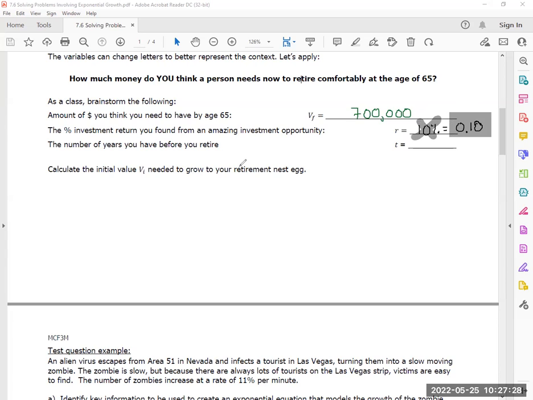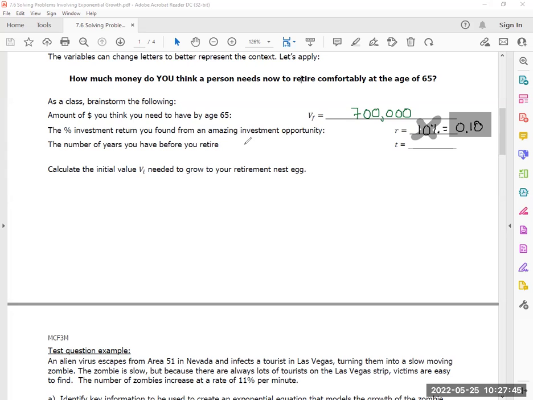The number of years you have before retirement. Let's talk about now. If you're 18 years old this year, no. Are you 18 this year or 17 this year? 17 this year. 17 and you're retiring by 65.